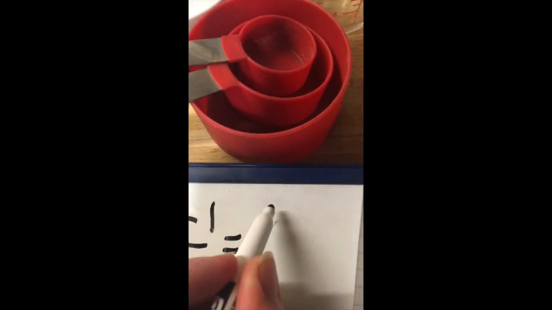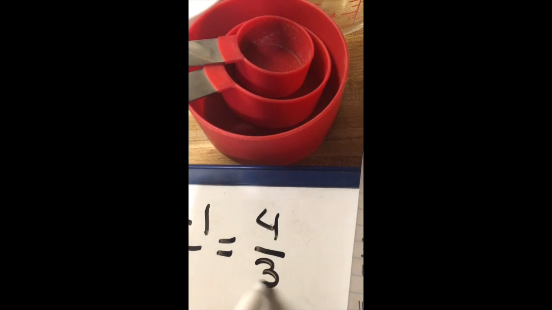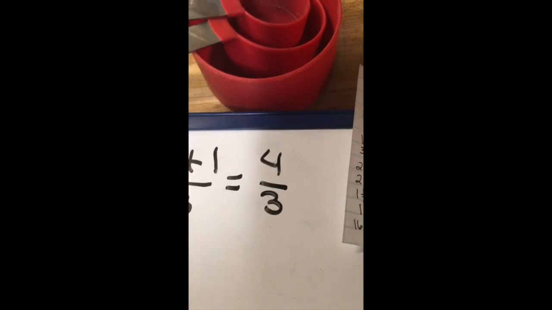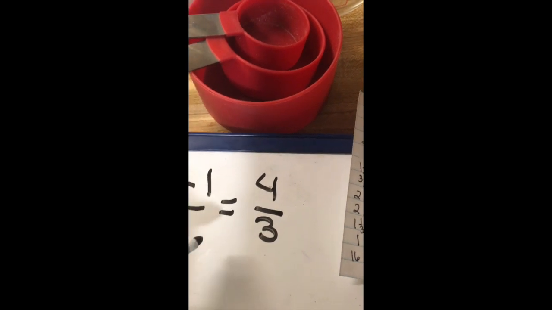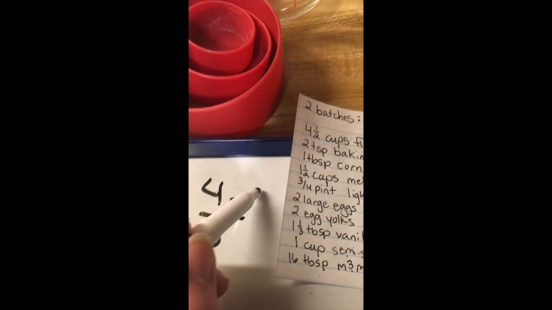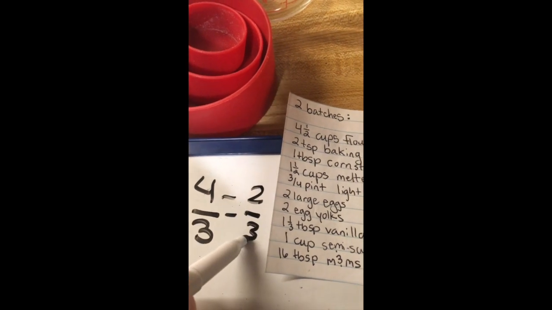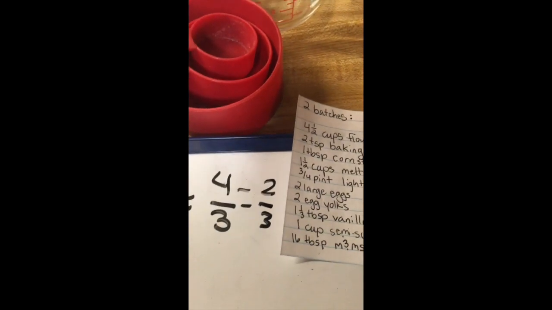So 1 1/3 becomes 4/3. And then 4/3 is a lot easier to divide in half because all we do is divide the numerator in half, and half of 4 is 2. So we need 2/3 of a tablespoon of vanilla.